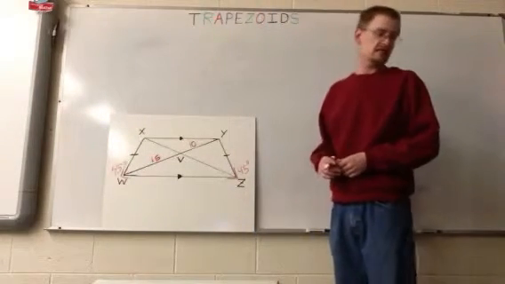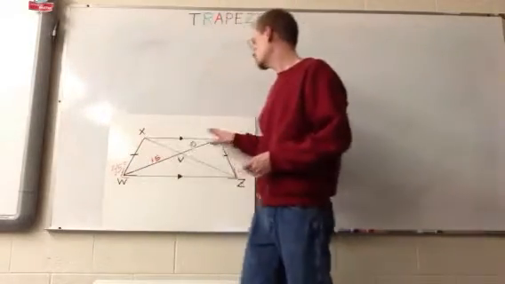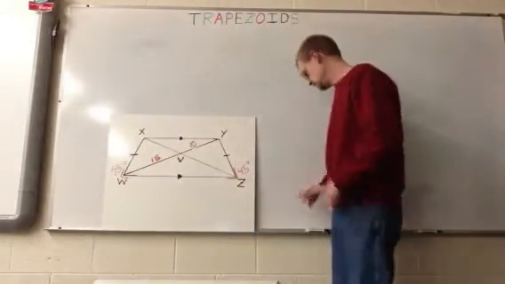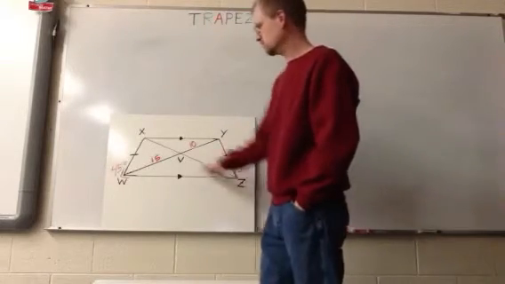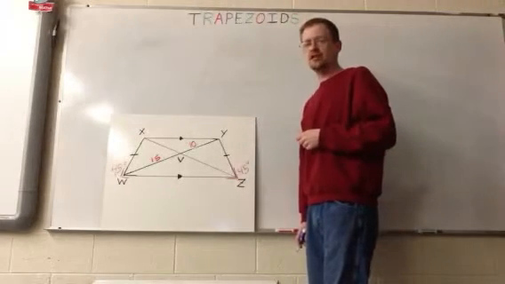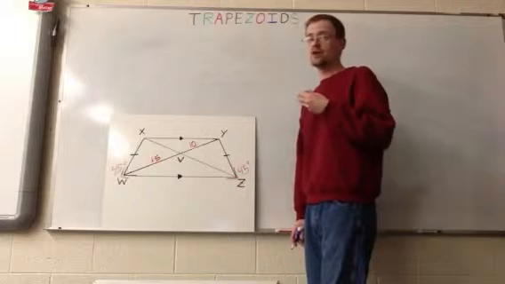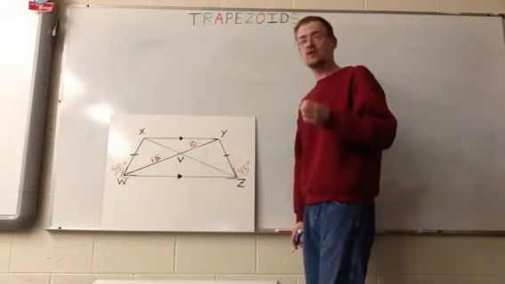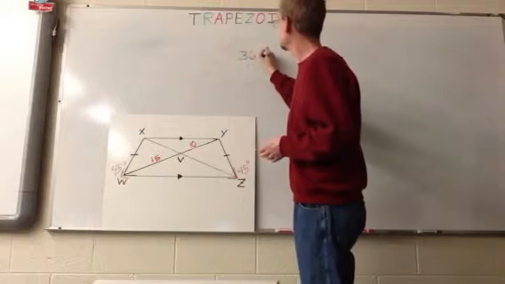Let's look at B. WXY. Well, the base angles are congruent, not opposite angles, so it's not 45, but we have to pull some other information here. First of all, a trapezoid is a quadrilateral. So we know that the four angles of a quadrilateral add up to 360.